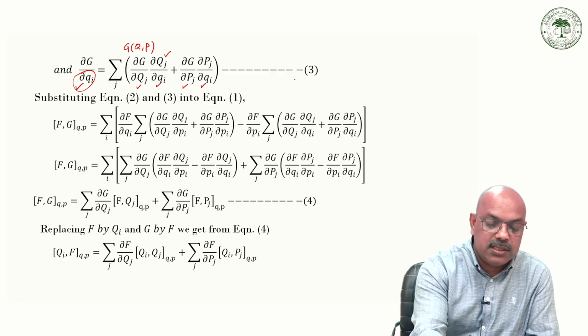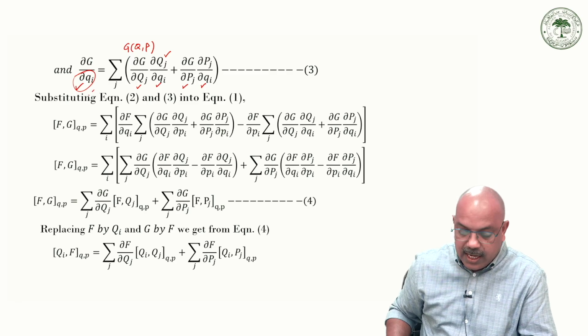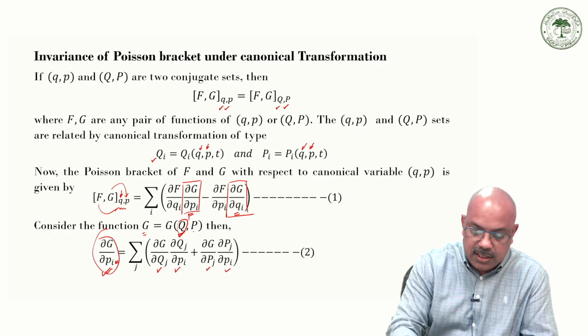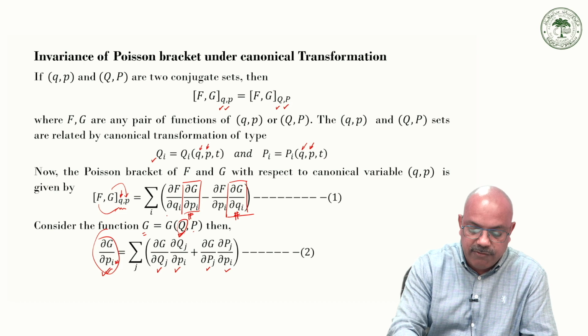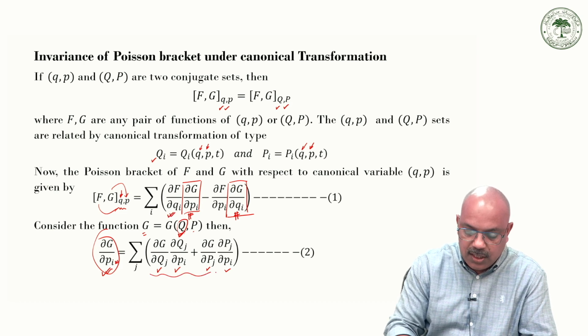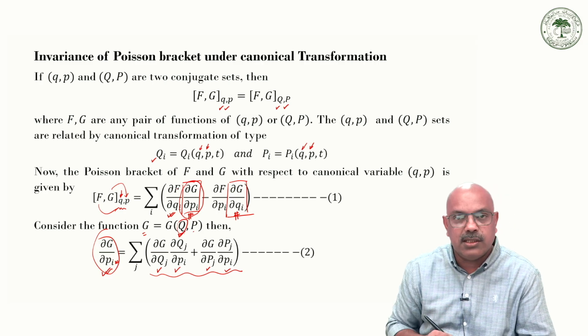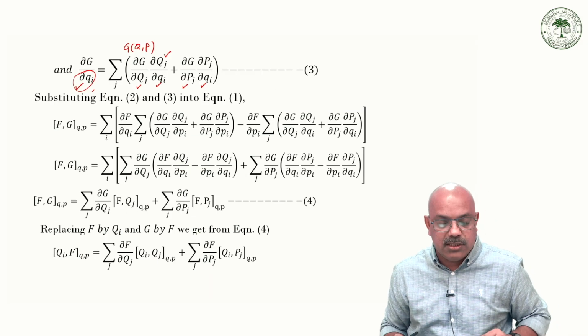using these two, delta g upon delta p_i and delta g upon delta q_i, in equation 1, what I'm going to get is delta f upon delta q_i, and this whole expression is to be put here in place of delta g upon delta p_i, and similarly for delta g upon delta q_i.